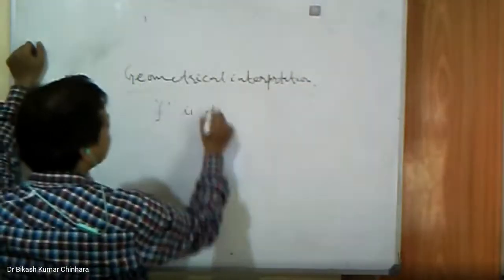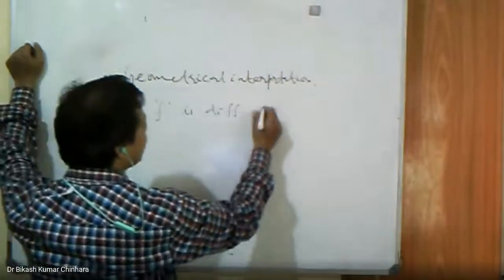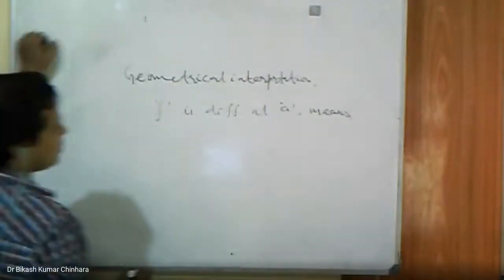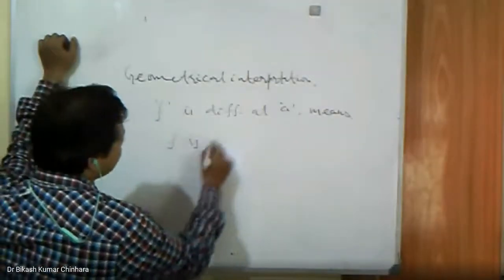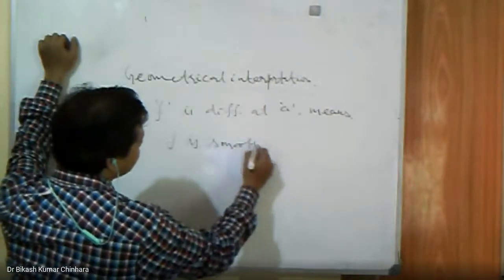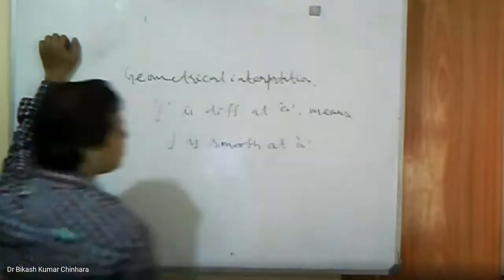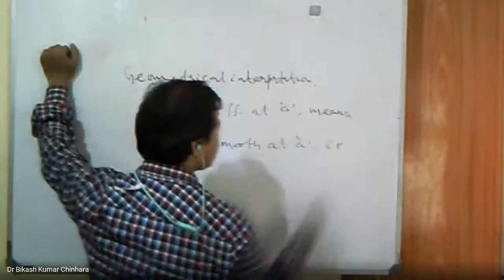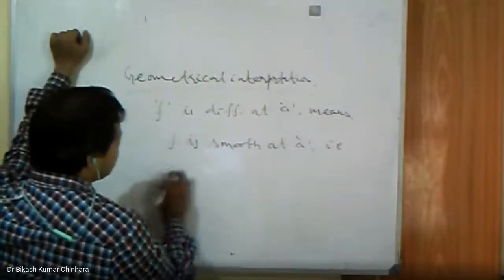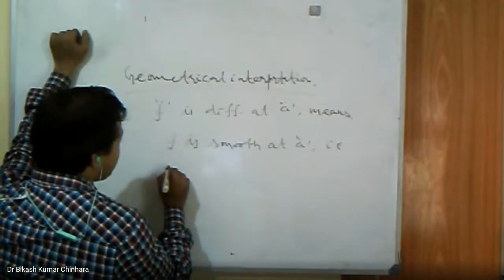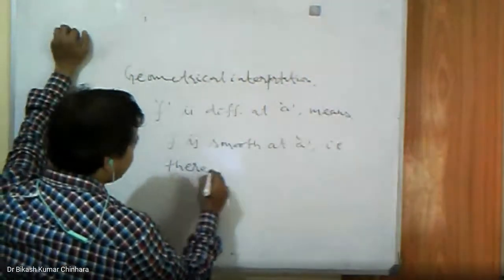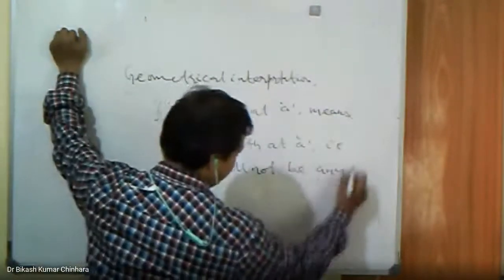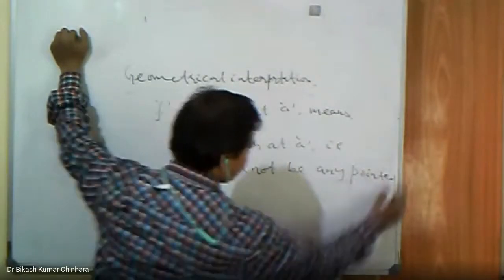F is differentiable at A means F is smooth at A. Smooth means that is, there will not be any pointed edge.